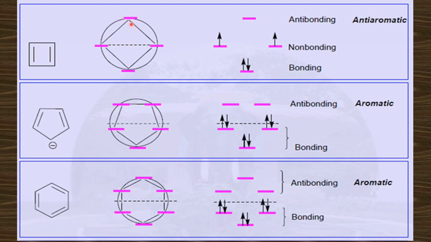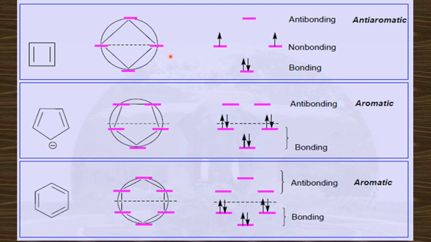Therefore, it has one anti-bonding molecular orbital. If any orbital is lying on the horizontal line itself, they are called non-bonding orbitals. These are the molecular orbitals with the energy equal to that of the atomic orbitals.